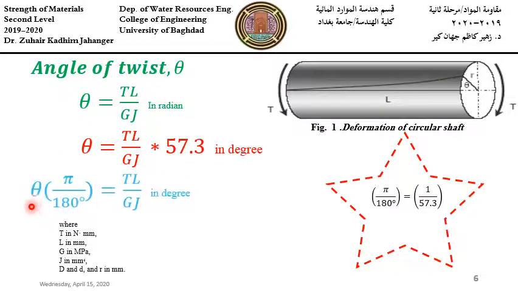Otherwise, you can multiply theta by pi over 180 degrees, so theta, this left hand side, multiplied by pi over 180 equals TL over GJ in degrees. And keep in mind that pi over 180 degrees equals 1 over 57.3.